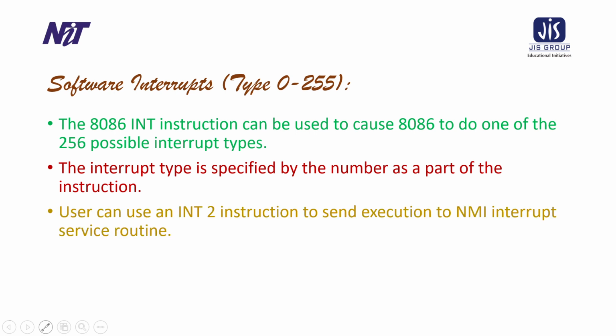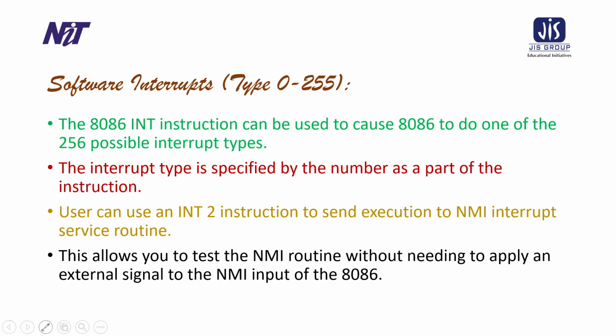A user can use an INT 2 instruction to send execution to the NMI interrupt service routine. This allows you to test the NMI routine without needing to apply an external signal to the NMI input of the 8086. So this is for the software interrupts.